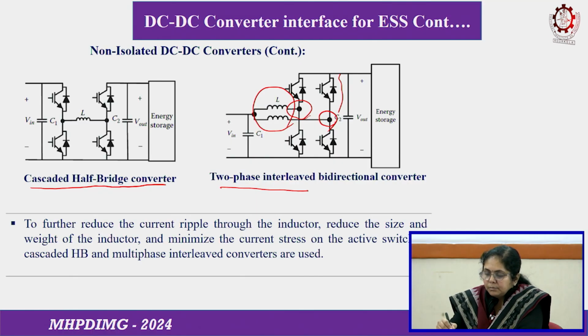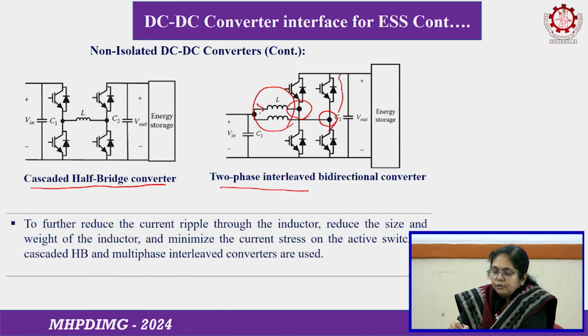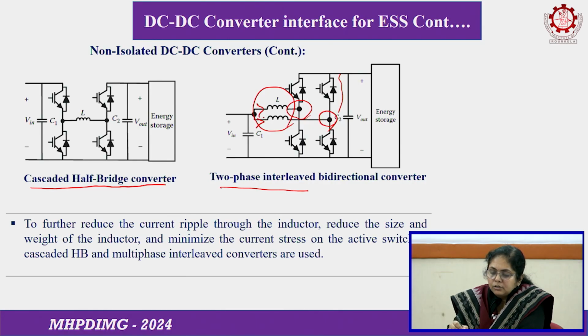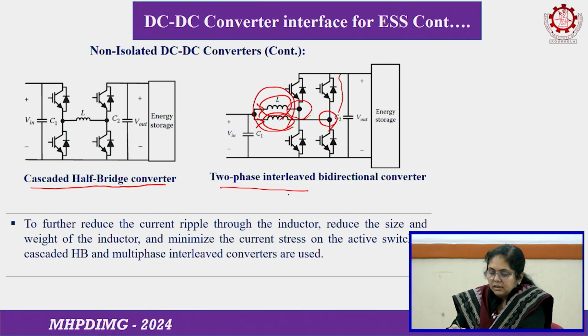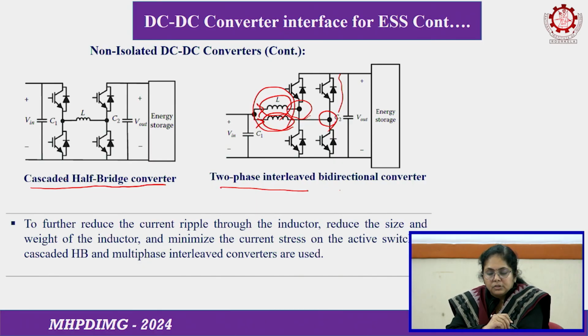But the advantage is that it will minimize the inductor current ripple, and as you are dividing the current in the interleaved topology, the size of the inductor will also decrease. So, we can have a better modular structure. Based on different applications, we can go for the interleaved topology or the cascaded H bridge topology.